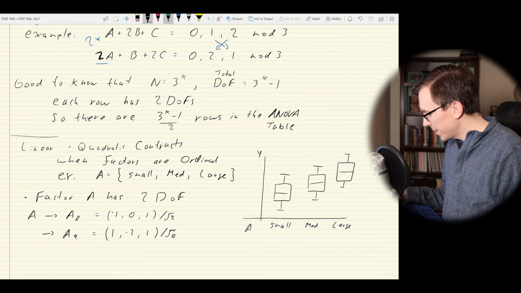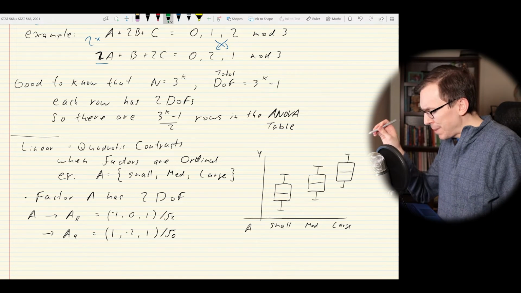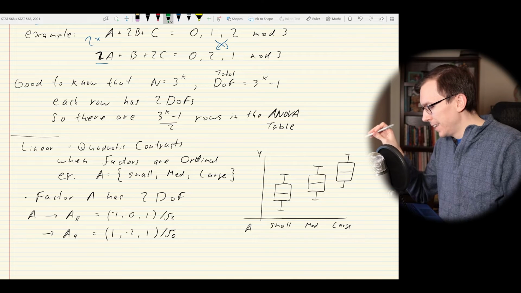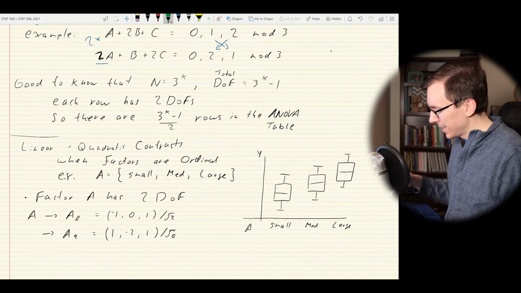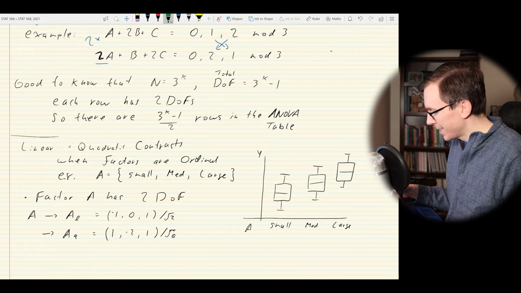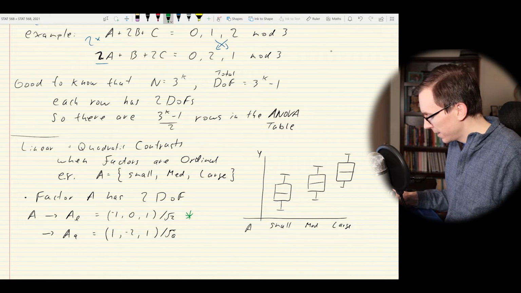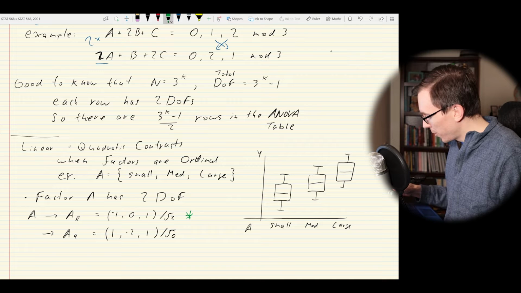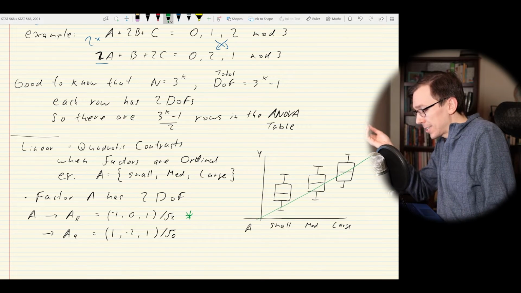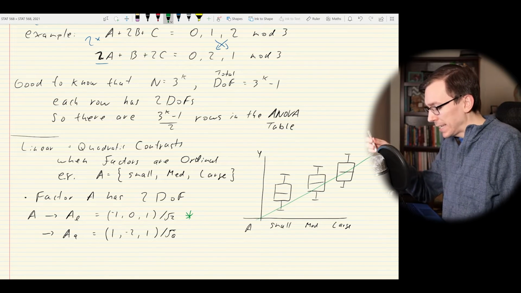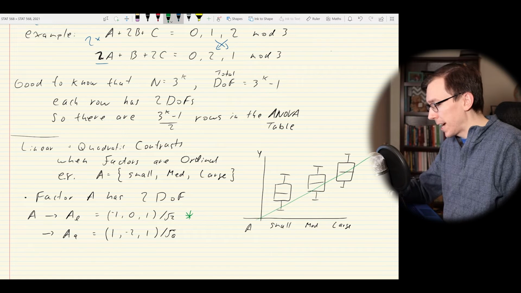What these contrasts do is they basically say how linear or how quadratic this looks. The linear one is going to look for whether it is increasing or decreasing in a linear direction. In this case, it does look like it's increasing, so we might get a strong linear contrast.